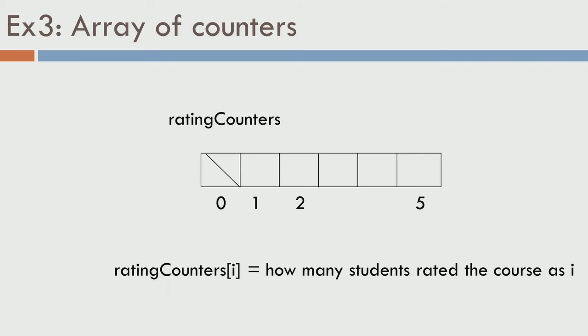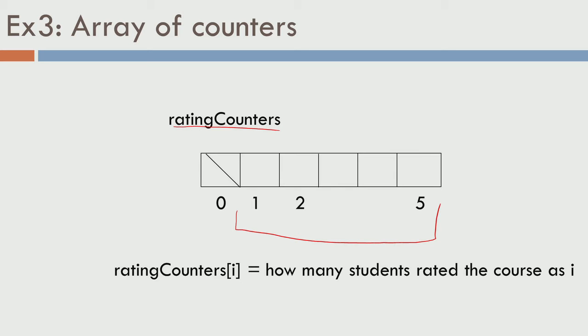I am going to maintain an array called rating counters. That is the array name that I am going to use, and I know that the valid ratings are 1 to 5. So, I am going to have 1, 2, 3, 4, 5.